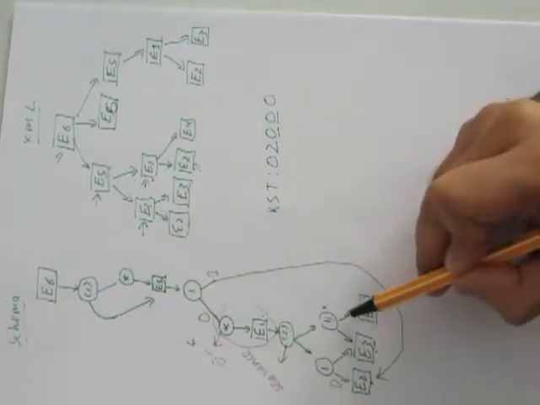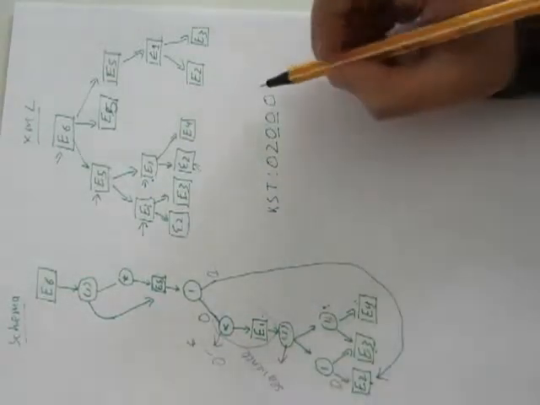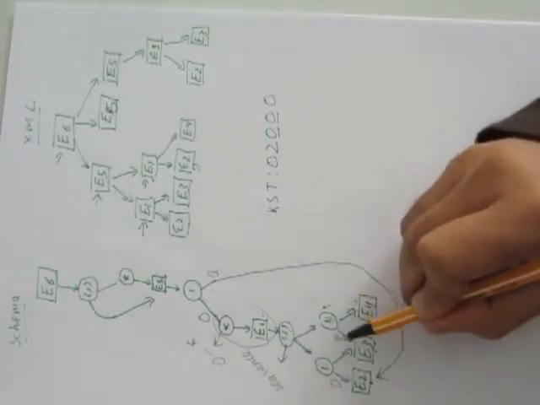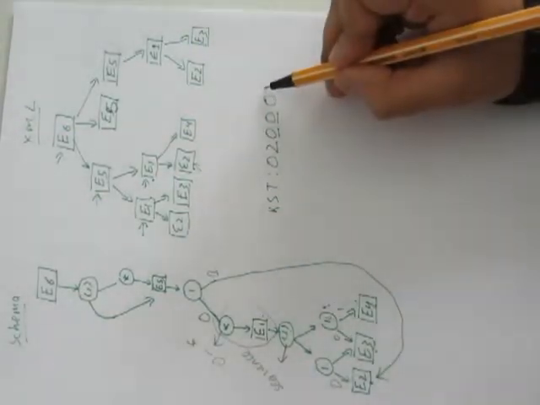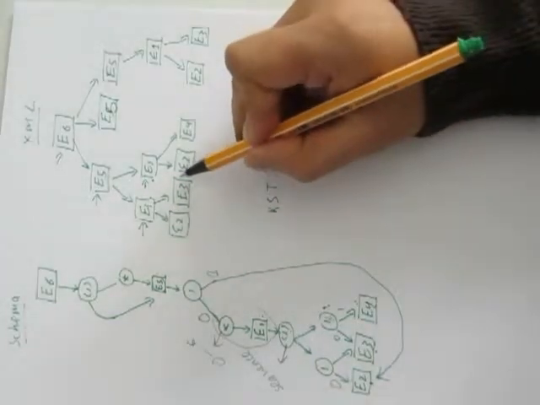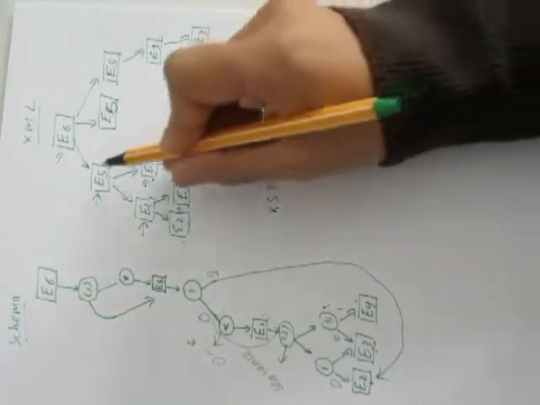Then for the right side we choose E4. E4 is the right one, so this is the 0 edge and this is the 1 edge, so we write 1. Then we are done with E2, E3 and E4, so we are done with this whole section.